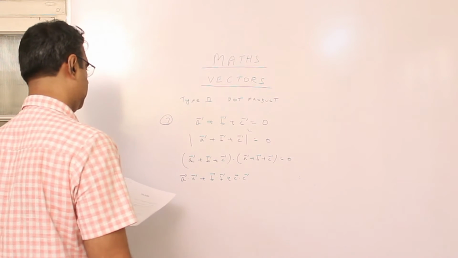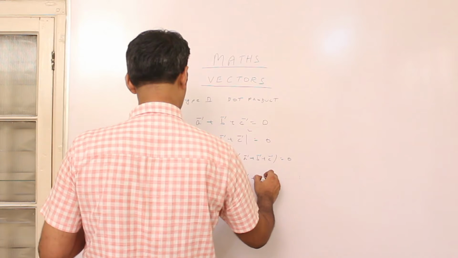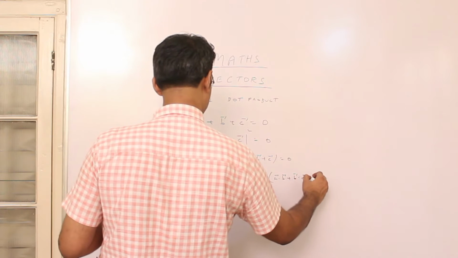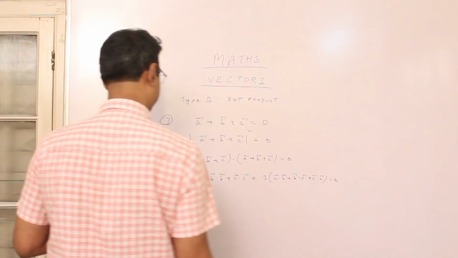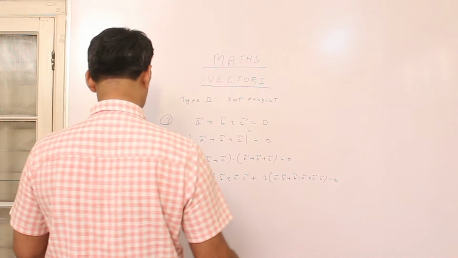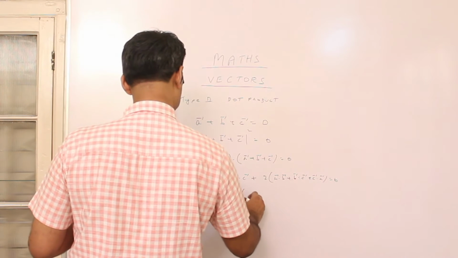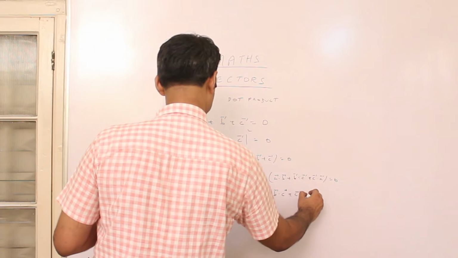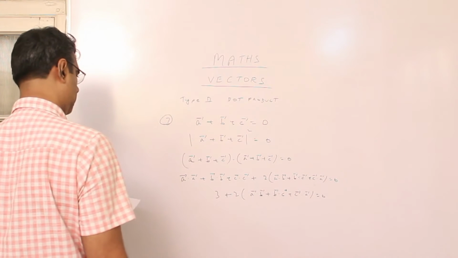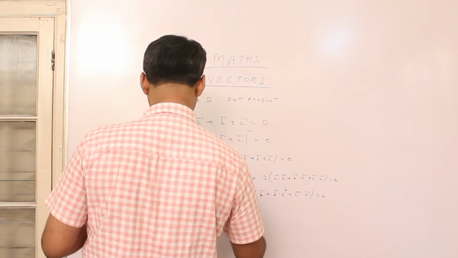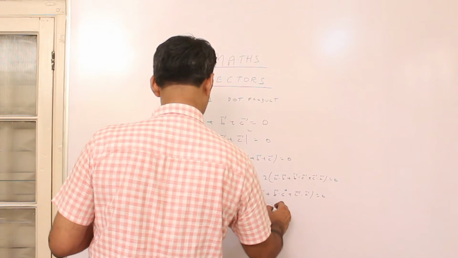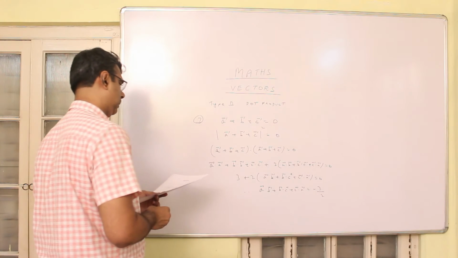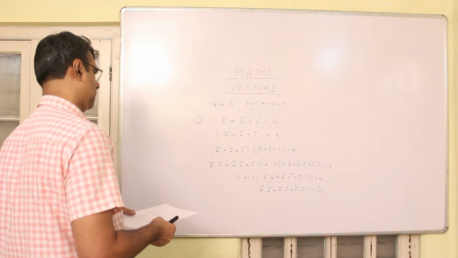So A dot A plus B dot B plus C dot C plus 2 into A dot B plus B dot C plus C dot A. So 3 plus 2 into A dot B plus B dot C plus C dot A. So we are getting A dot B plus B dot C plus C dot A is equal to minus 3 by 2.